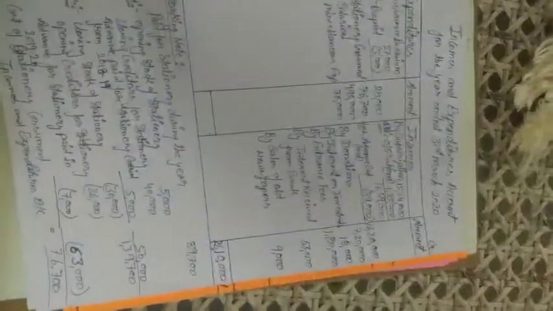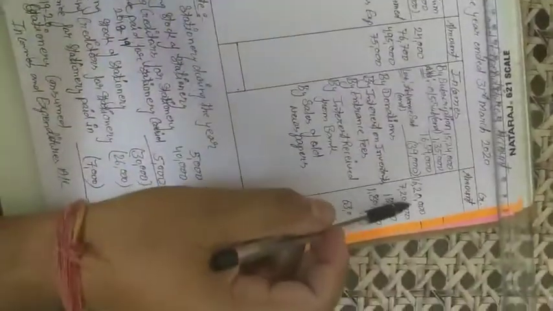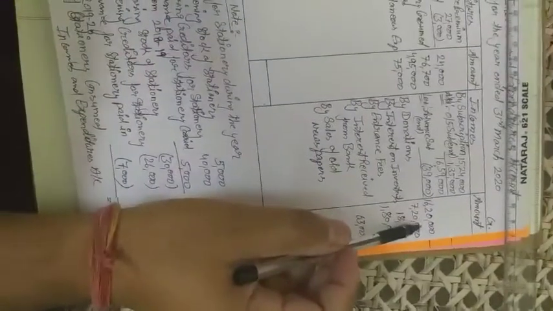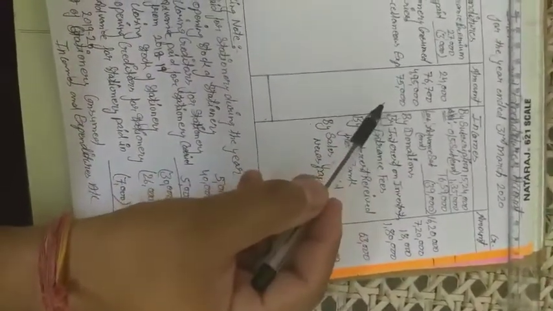Because this side's amount is more in comparison to this side. How can we assume this? Actually, the balance is 16,20,000. No balance is like this. All the amounts are less than this one. So that's why we are totaling this side first.